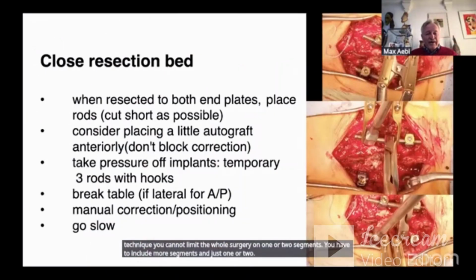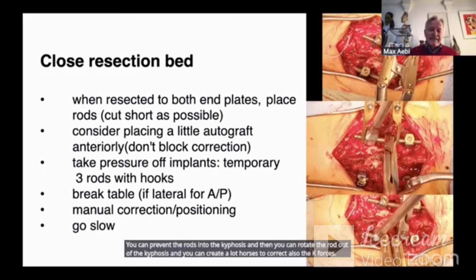And once you have done the resection, you have removed the hemivertebra, then you have to put in the rods. You can pre-bend the rods into the kyphosis, and then you can rotate the rod out of the kyphosis, and you can create a lordosis to correct also the kyphosis.